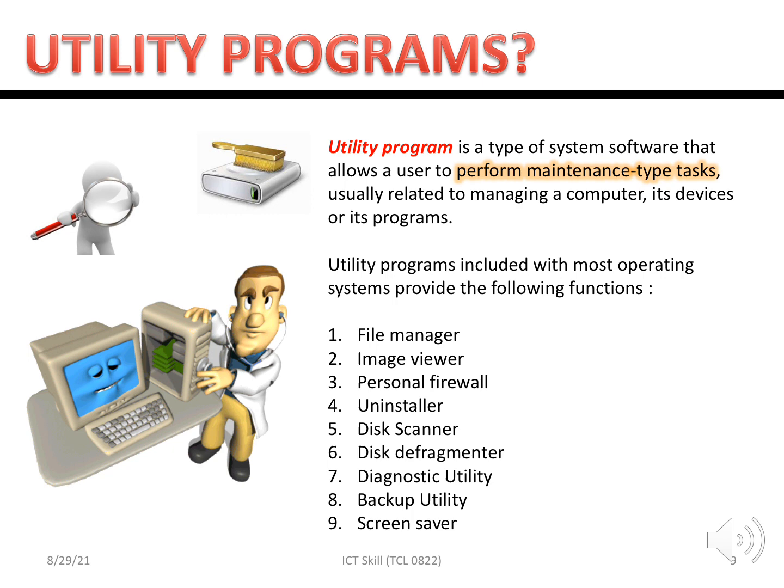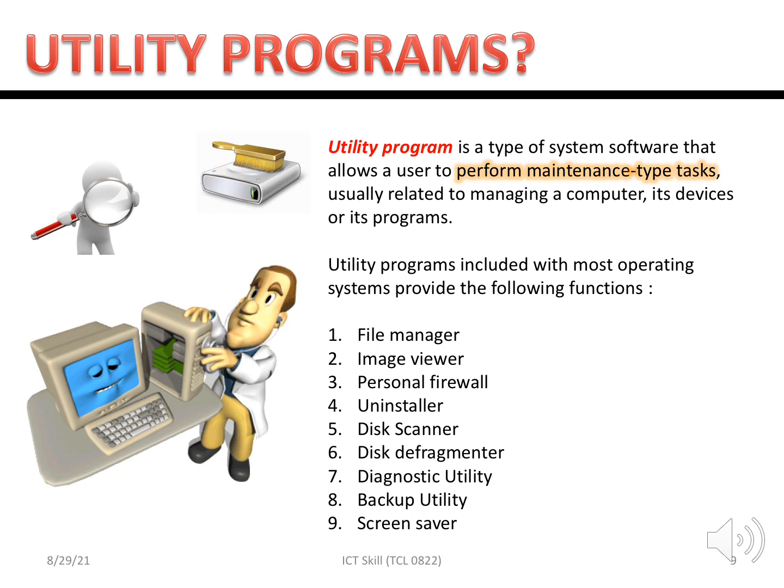A utility program is a type of system software which allows the user to perform maintenance tasks. Or, another definition: a utility program is a system application that executes a specific task to optimize the maintenance or operation of the system. So that is the function of a utility program.